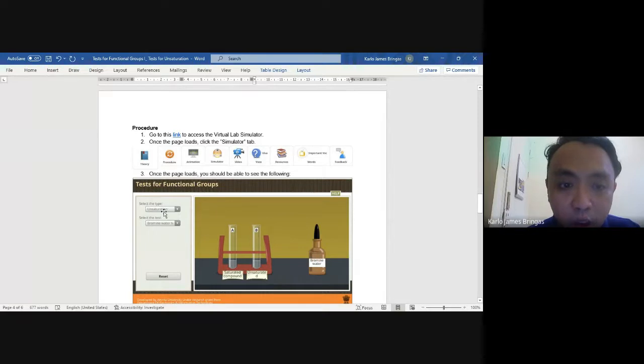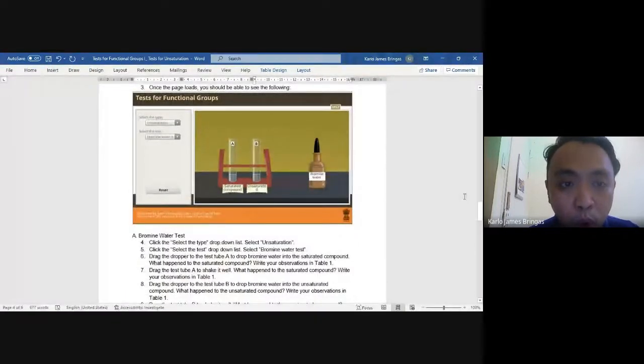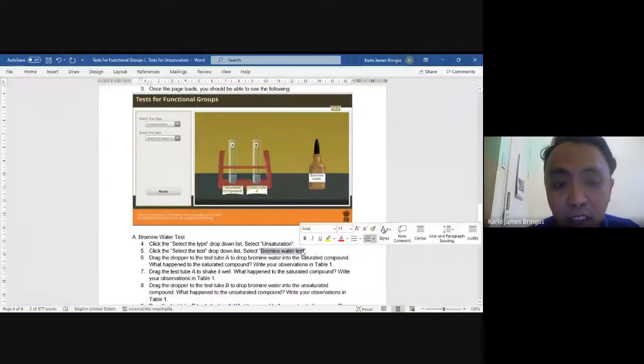And then we now have to select the type of test we're trying to do. So i-click nyo lang itong first na drop box, select unsaturation, and then the first thing we try is the bromine water test to help us differentiate the saturated hydrocarbon from the unsaturated hydrocarbon.